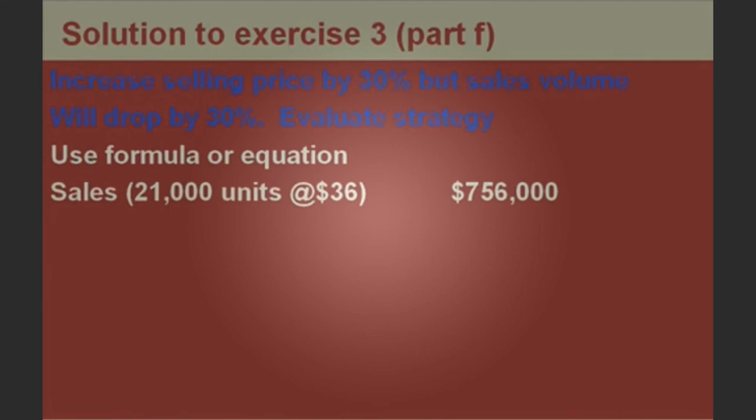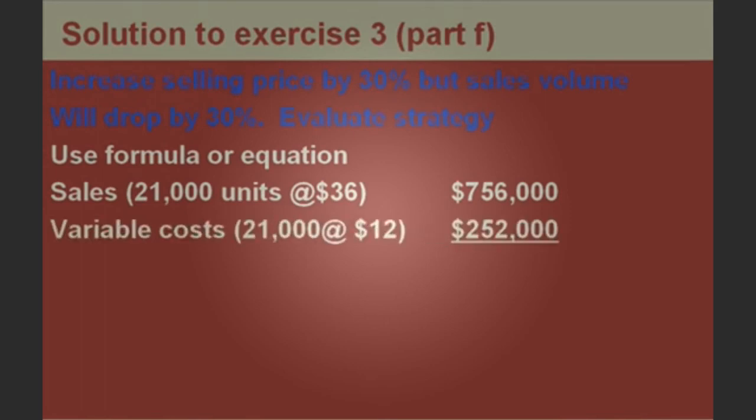The selling price, you have to increase selling price by 20%. Originally, it was $30. If you increase by 20%, it's $6. So the new selling price is $36. So the sales is 21,000 units at 36, which is $756,000. Variable costs don't change. So 21,000 at $12, which is $252,000.